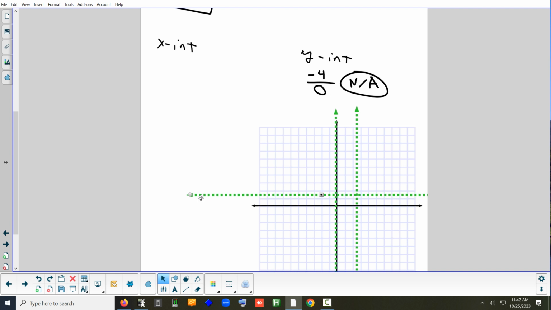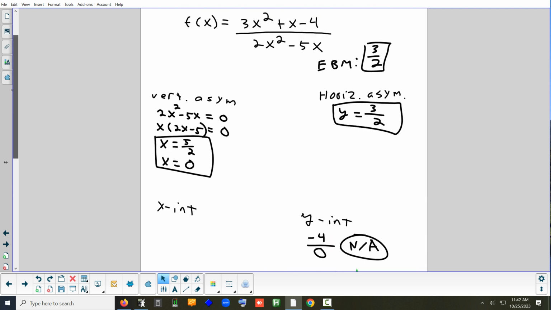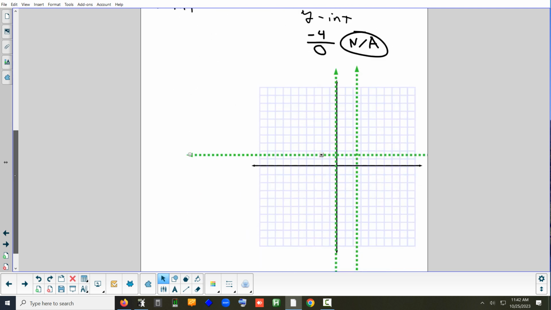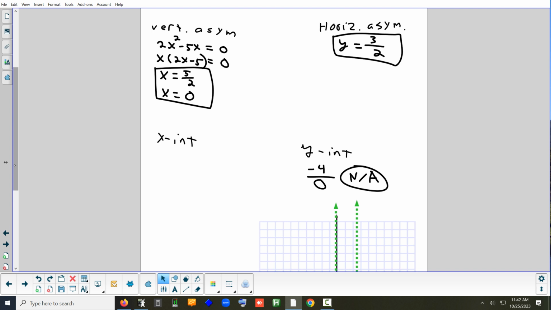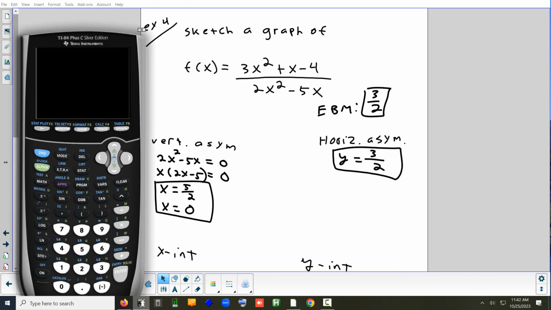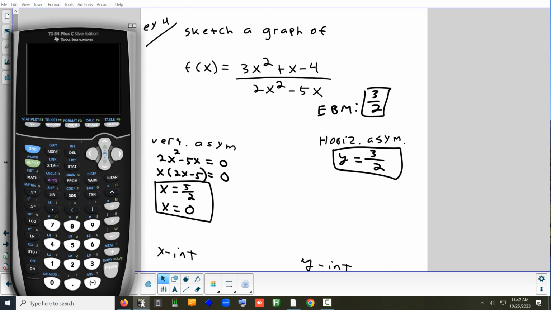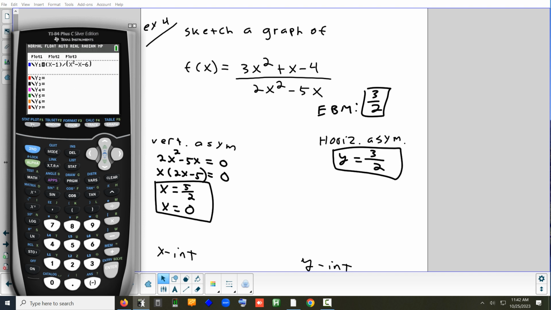You always want to get that set first. What did you get? Anything else? Nope, you just gotta plot some points now. Okay, so to plot points, you don't need a graphing calculator. You can manually plug in numbers for x. It's gonna take a while. That's why it's a lot faster to just use the table. Let's see. Make sure you use parentheses.